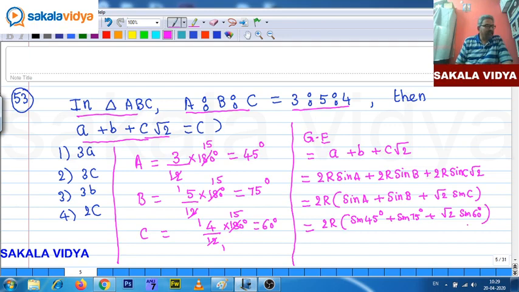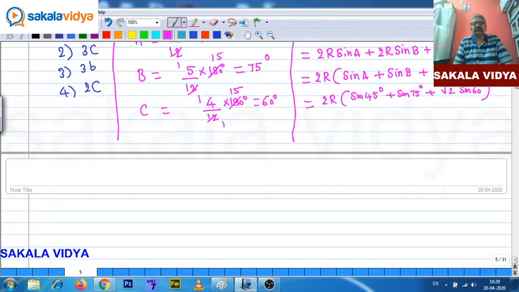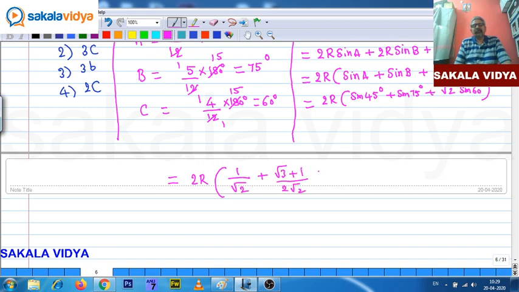Let it be simplified for our convenience. 2R multiplied by sine 45 is 1 by root 2, plus sine 75 degrees is root 3 plus 1 by 2 root 2, plus root 2 into sine 60 is root 3 by 2.